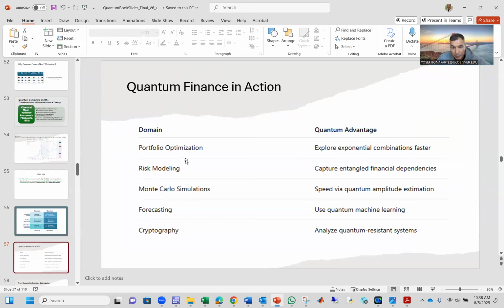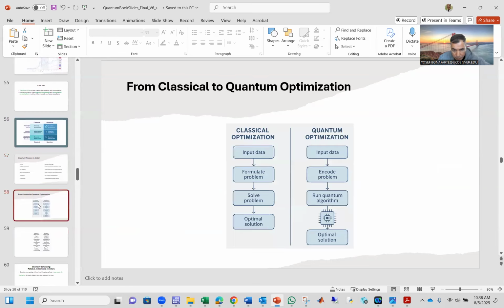Quantum finance in action: portfolio optimization will explore exponentially more combinations, faster. Entanglement, like how two assets can be correlated. Machine learning is going to be better, and we analyze quantum resistance. For example, in optimization on a classical computer, you input data, you put in the companies, formulate the problem, maximize return for a given risk, solve the problem, get the optimal solution.